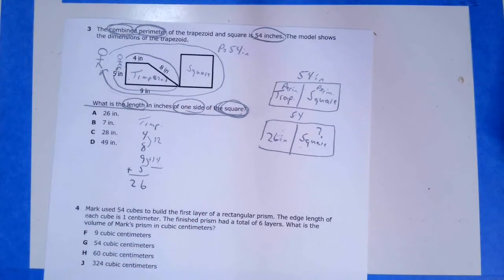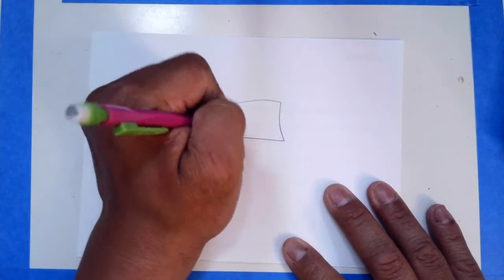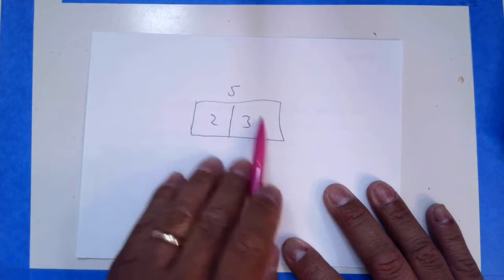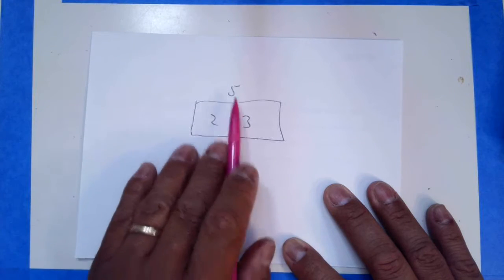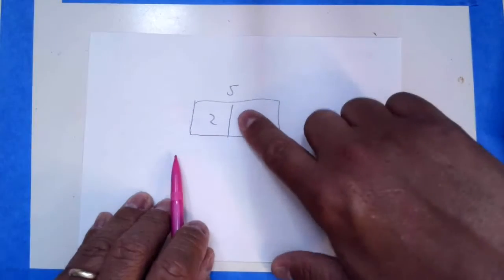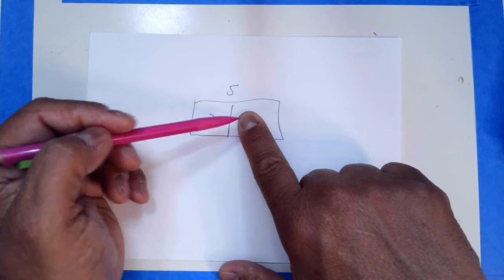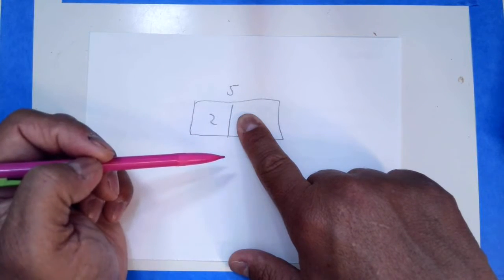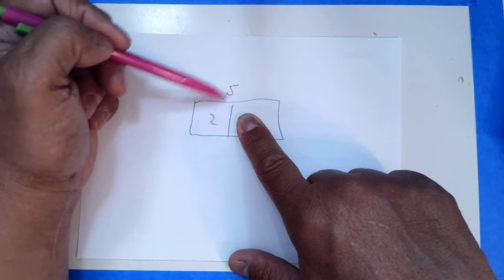For example, remember, numbers that are inside the boxes, you add them up. 2 plus 3 equals 5. If this one is missing, how can I get this number? I know what it is. I know that 2 plus 3 equals 5. However, how can I get it if I only have these two?